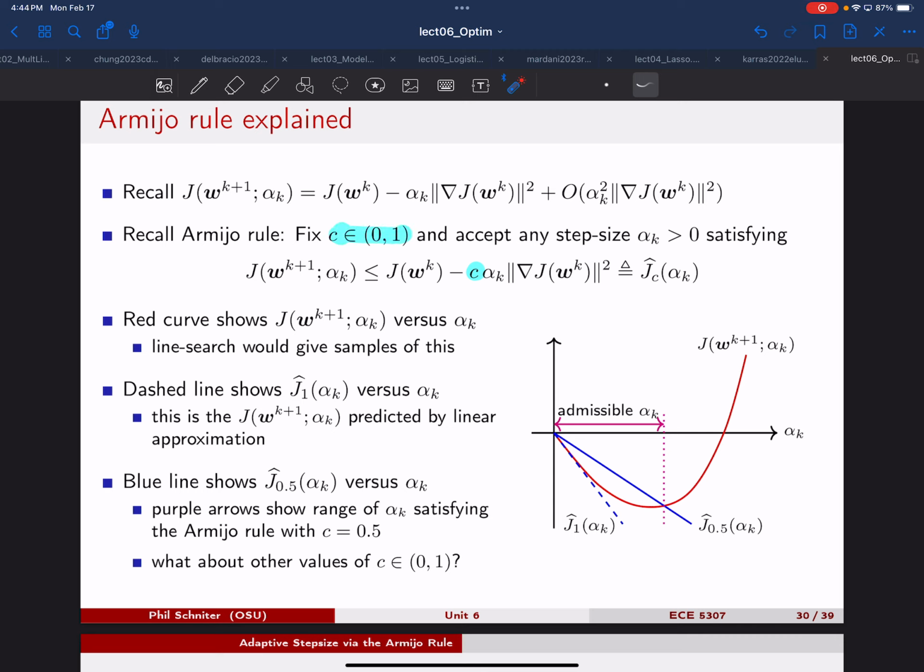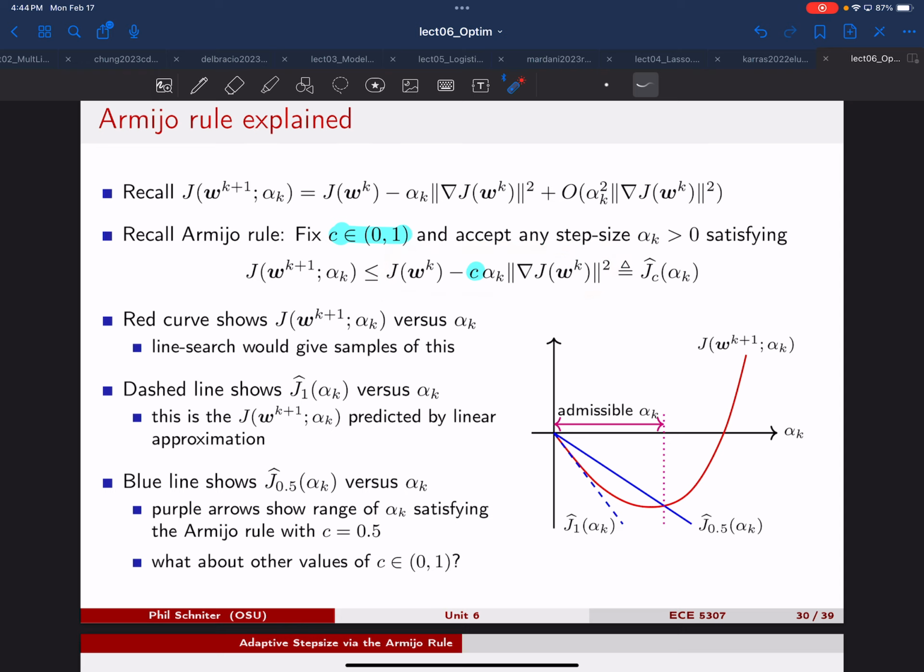So if this is the original slope like this, c times that, if c is 1/2, would be half that slope. And the Armijo rule basically says, check to see if your new update, which is the point on the red curve, is less than or equal to that point on the blue curve.